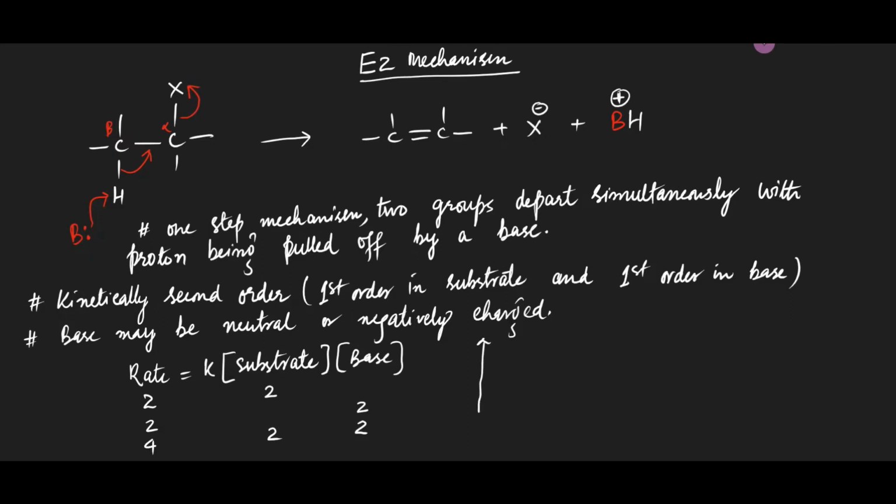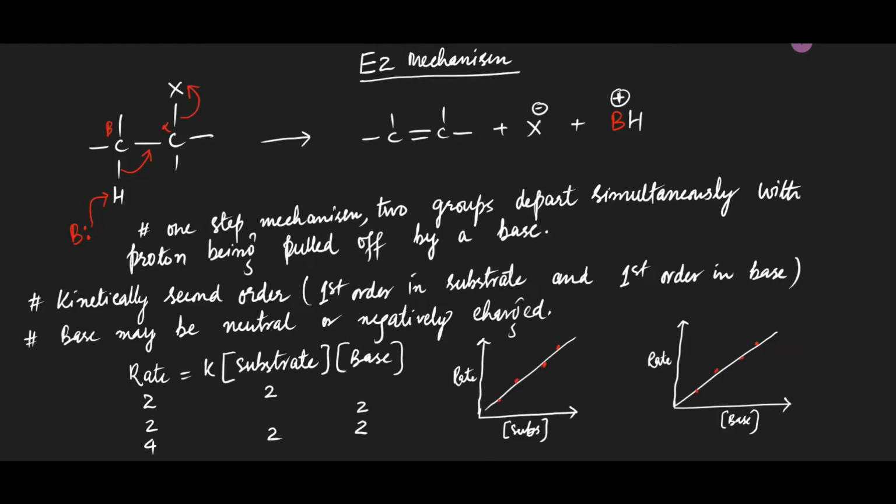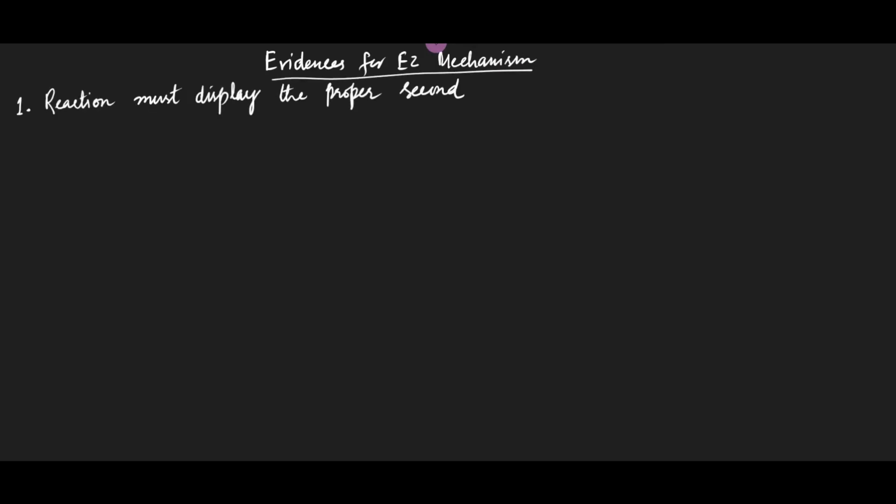If we plot rate against substrate concentration, we will get a straight line because rate is first order in substrate concentration. Similarly, if we plot rate against base concentration, we will get a straight line, as the rate is first order in base concentration. Among the evidences for E2 mechanism is that the reaction must display the proper second-order kinetics.